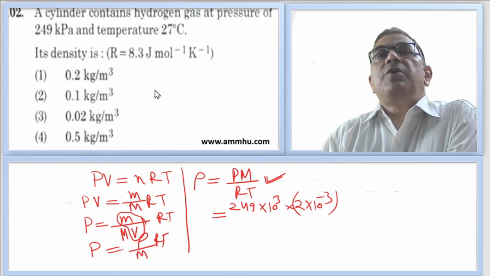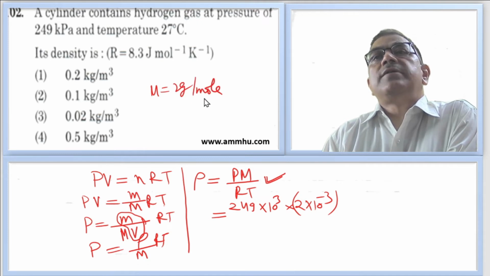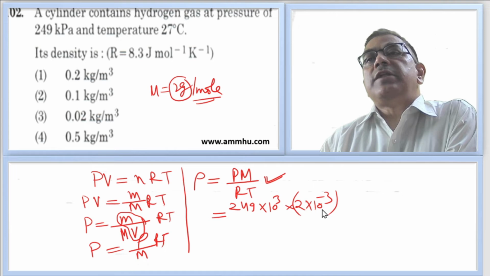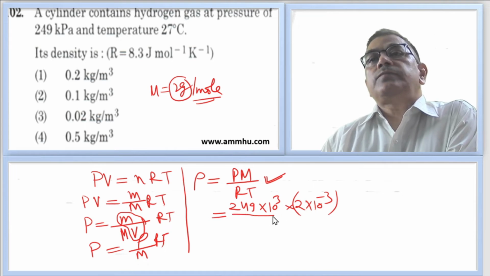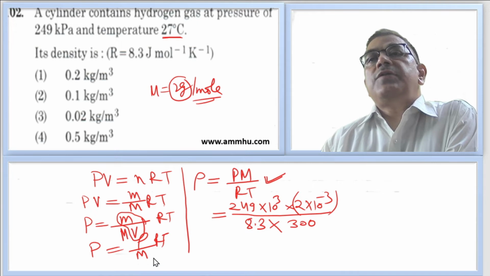Otherwise, M happens to be how much? M happens to be 2 gram per mole. Is that right? So this is the unit of capital M, so this gram is to be converted into kg. And this is 8.3 in SI units, and the temperature 27 means this is 300. Is that right?